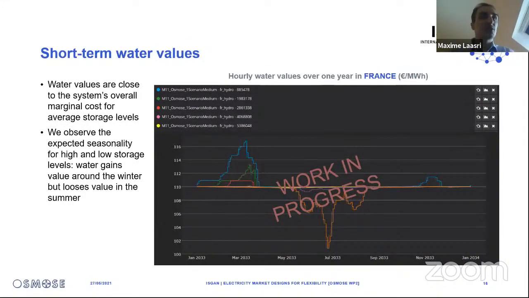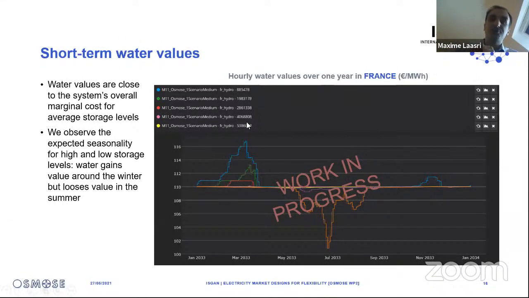Now, we've looked at some marginal costs and the shape they had if we took data from work package 1. Now we'll go into a bit more detail about water values. I'm running a bit out of time, so I will try to be quick on that. What you can see on the slide on the right side is different time series representing the water values of one single hydraulic reservoir that represents all the hydraulic reservoirs of France.